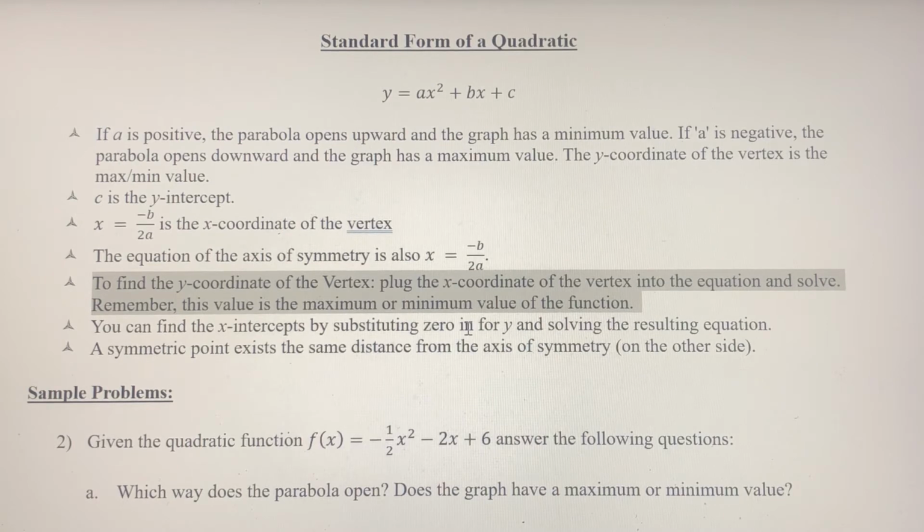We're trying to do quick graphs here. So with the y-intercept and with the vertex, hopefully we've got enough information to graph the parabola. If we don't, then you're going to have to find more points, either find the x-intercepts or use a table of values. And as always, we can use the axis of symmetry and that concept of symmetry to help us draw the graph more quickly.